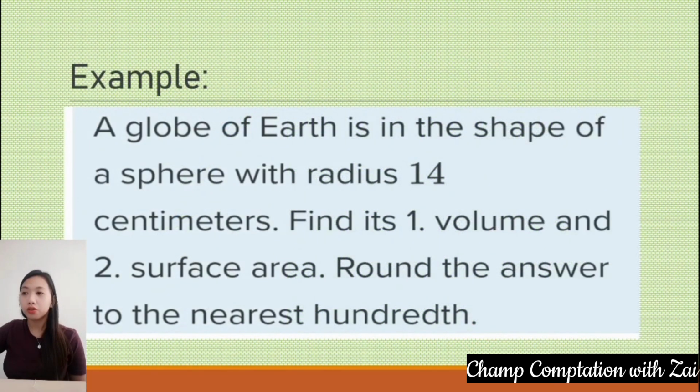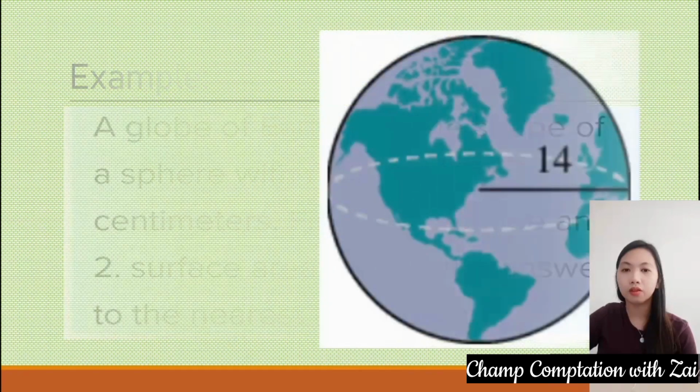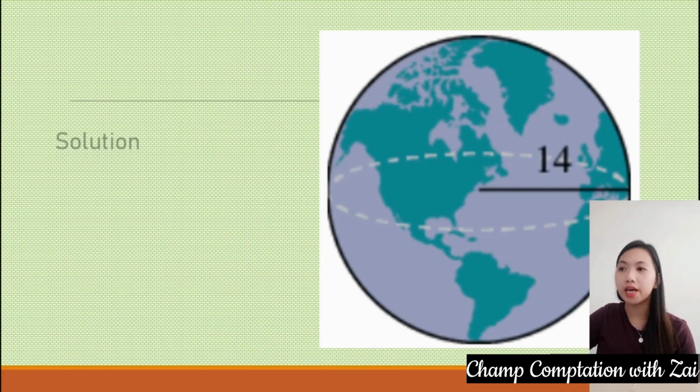For example, a globe of Earth is in the shape of a sphere with radius 14 centimeters. Find first the volume and second the surface area, and round the answer to the nearest 100. Let's find the area.